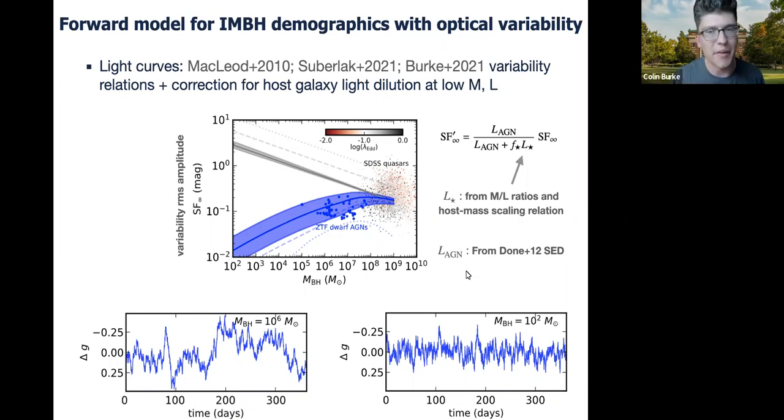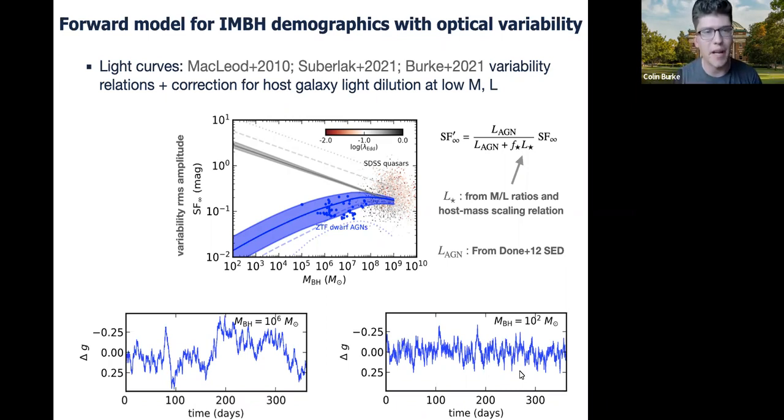The luminosity of the AGN in our model, we're also taking from color temperature corrected theoretical models for the SED from Dunn 2012. On the bottom here are 2 mock light curves, one with a 10 to the 6 solar mass supermassive black hole on the lower side, and then an IMBH of 100 solar masses.